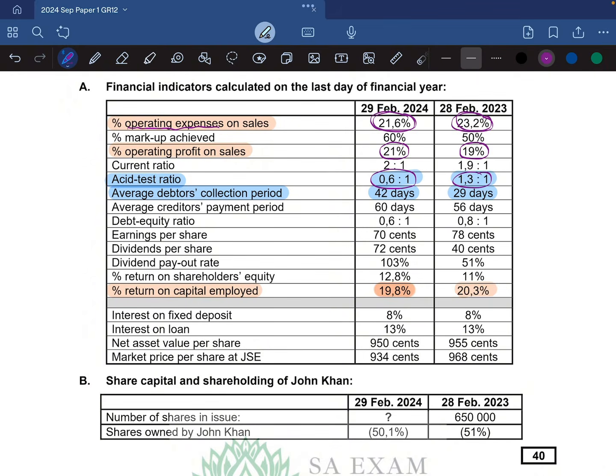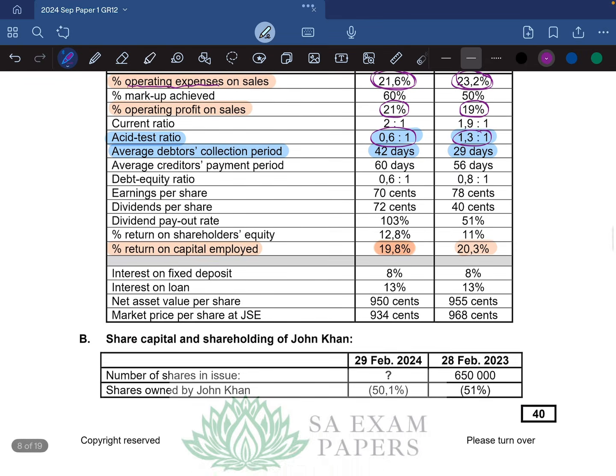Now, what does this mean for our business? If we are going to look at our ROCE, we need to look at the interest on loans. The interest on loan is in this case 13%, also in 2023 it is 13%. But if we are able to make a return that is higher than what we could have been paying on interest, which is 13%.